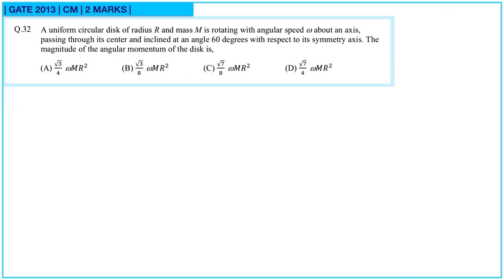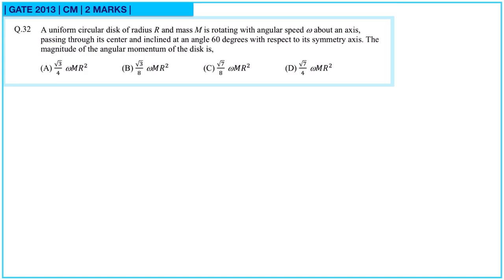Next question. A uniform circular disk of radius r and mass m is rotating with angular speed omega about an axis passing through its center and inclined at an angle of 60 degrees with respect to its symmetry axis. Then the magnitude of the angular momentum of the disk is?